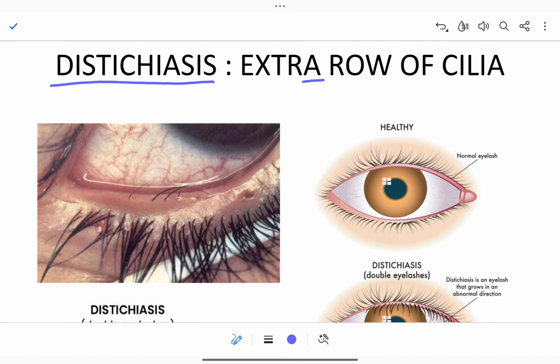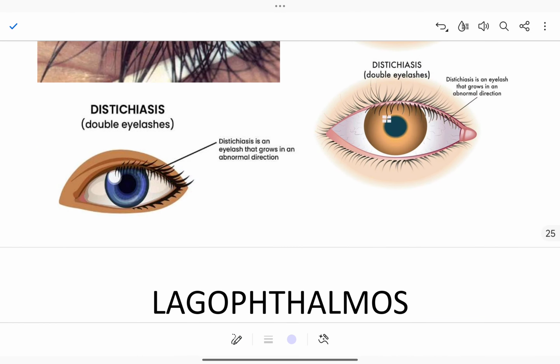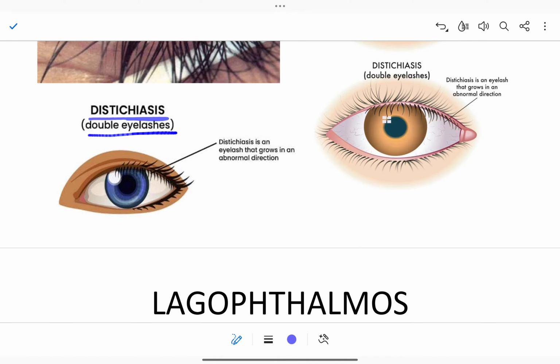Distichiasis, or extra row of cilia. Distichiasis is double eyelashes, two-row growth. It is an eyelash that grows in an abnormal direction.